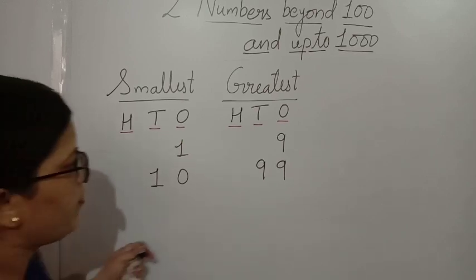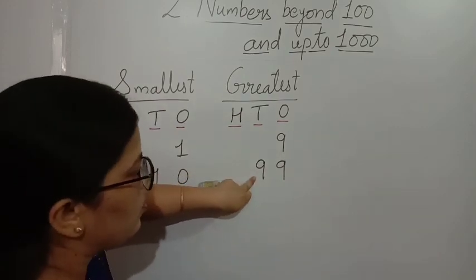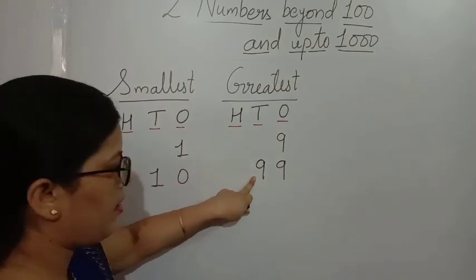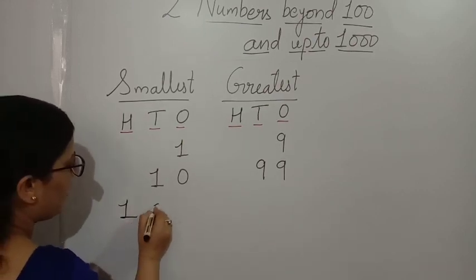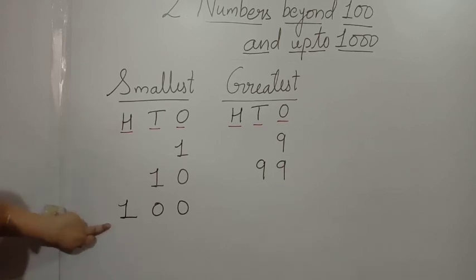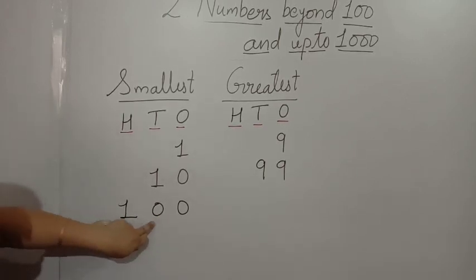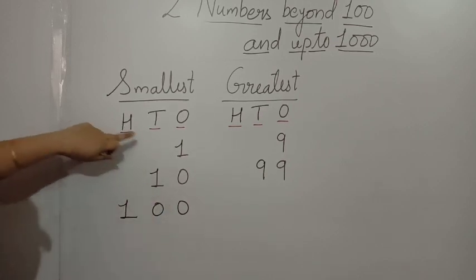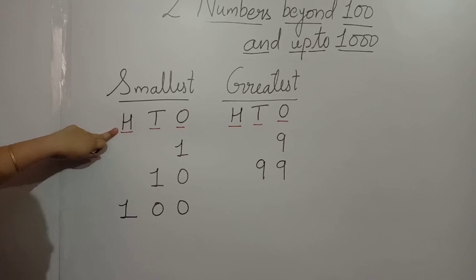Now you also know that when 1 is added to the greatest 2 digit number, that is 99, we get 100, which is the smallest 3 digit number. The places are ones, then tens, and the third place is hundreds.